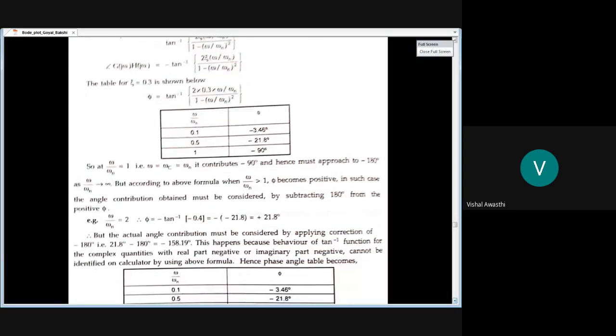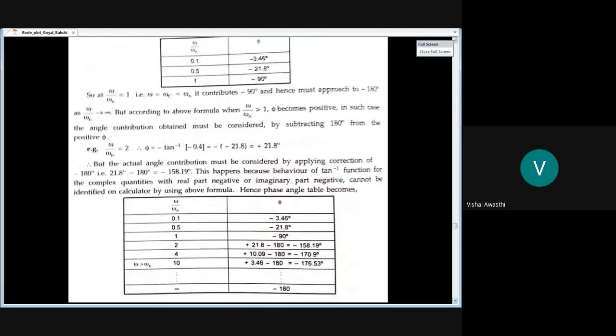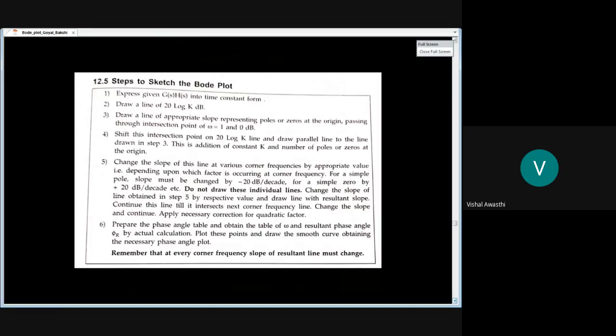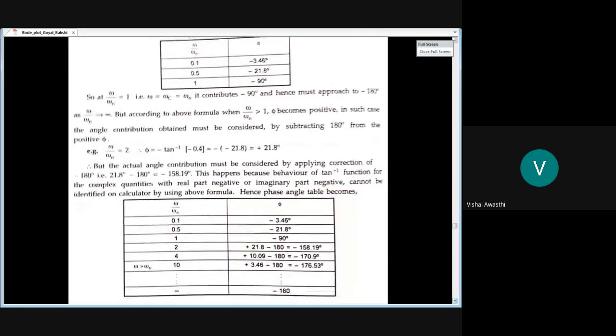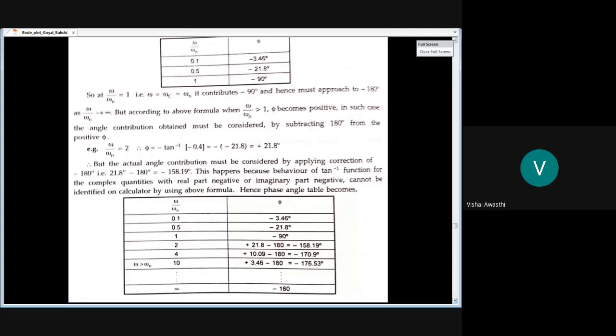Take different values of omega and you will get angles, and just draw that angle in a similar manner as a simple phase plot. When you draw this, you will have a phase plot, and you can draw this phase plot in the simple manner as such phase plot जैसा भी आपको पहले बताया गया है. So this is overall the thing when you have a quadratic factor.